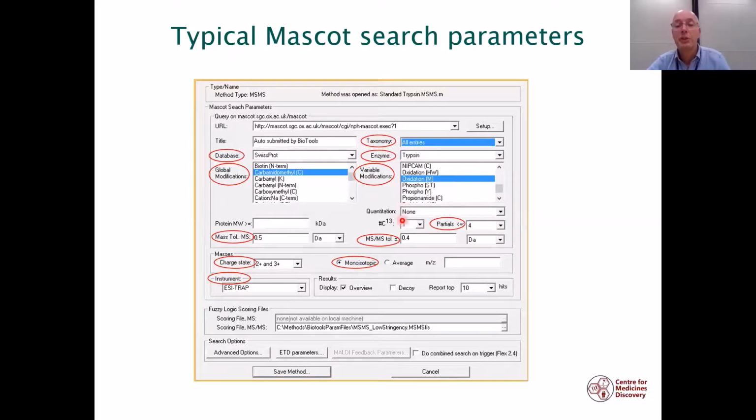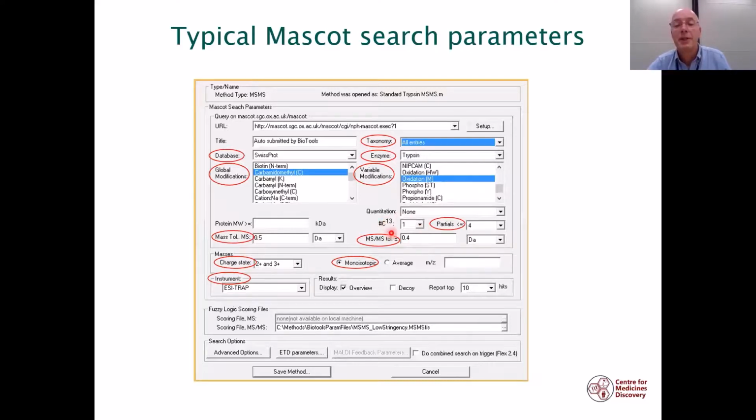We're not going to do any quantitation, but you can choose that. We have to specify our mass tolerance. In this case, the mass tolerance is quite large because this is an ion trap instrument. We specified MSMS tolerance, the mass tolerances, so this is the window in which we will find our mass match.